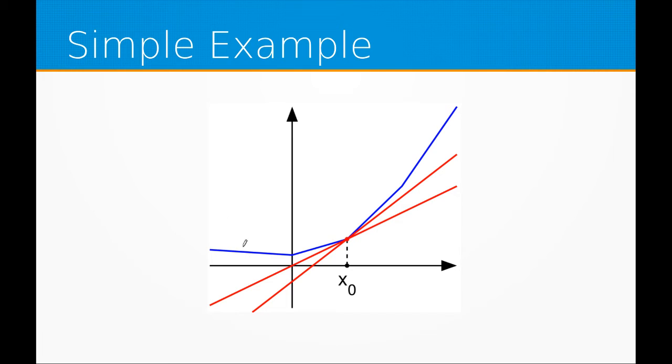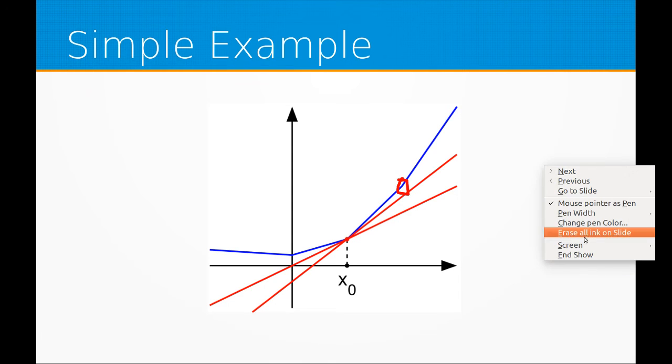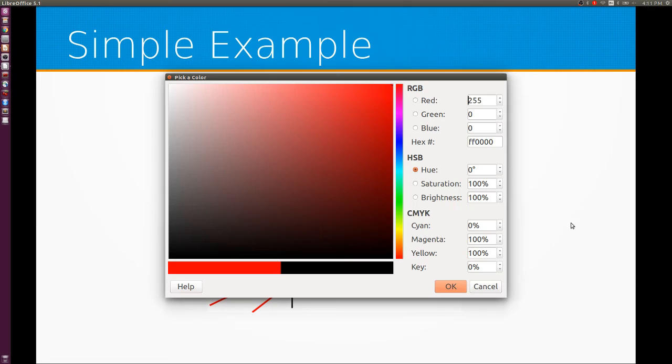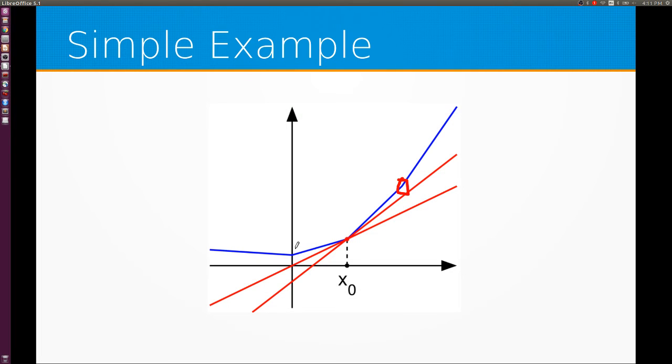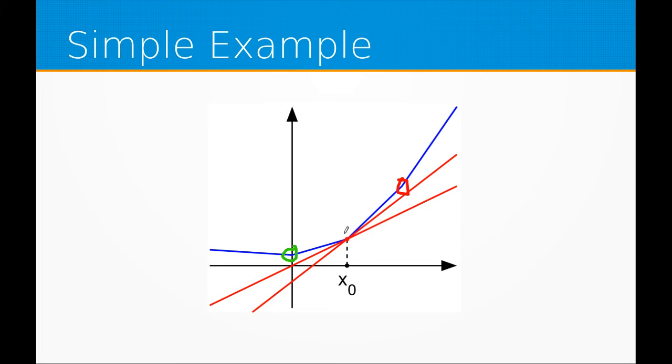Suppose this is a function that you have. It looks like a piecewise continuous function with inflection points over here. Let me just change the color. Green seems good. So you have inflection points here, and here. When you want to compute the gradients over here, you cannot do it analytically, because the derivative is discontinuous.